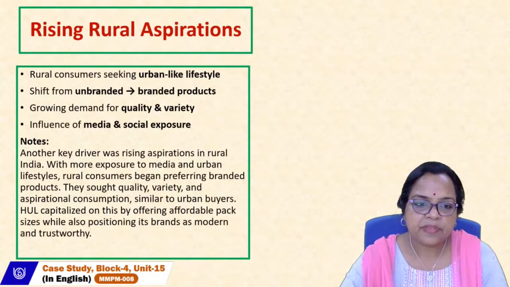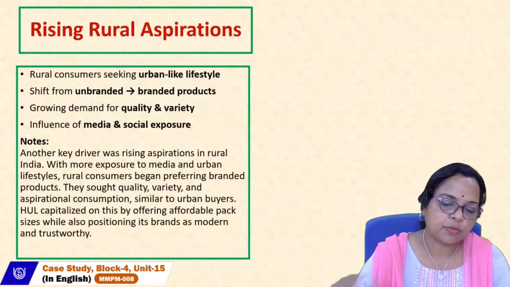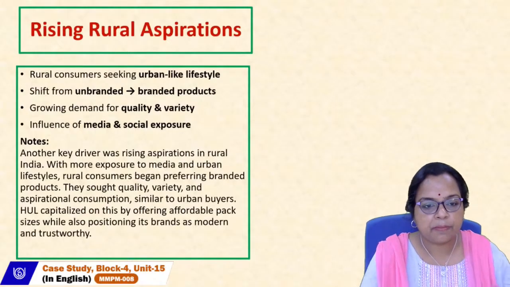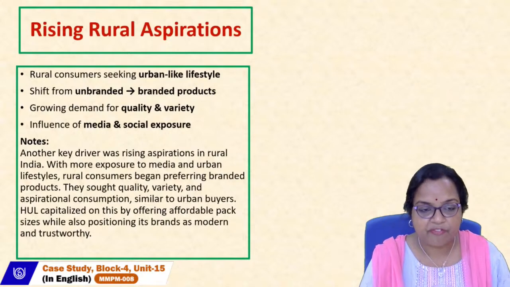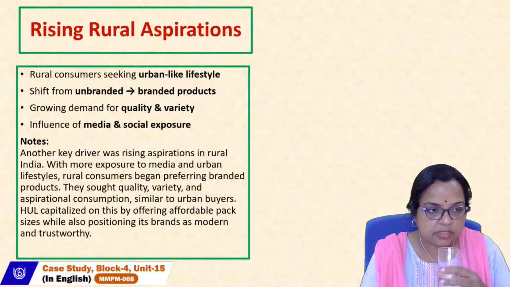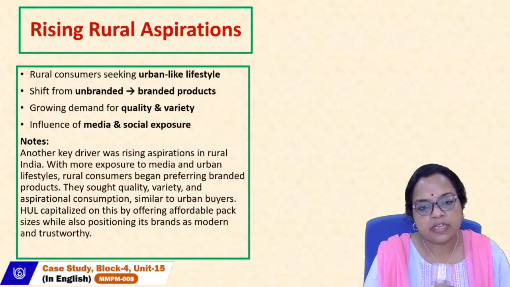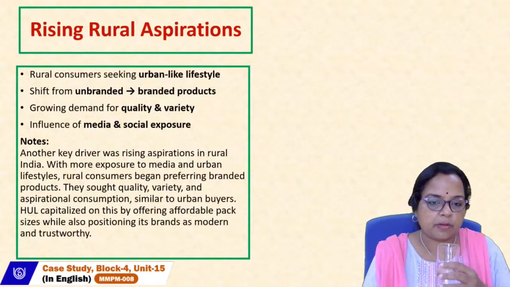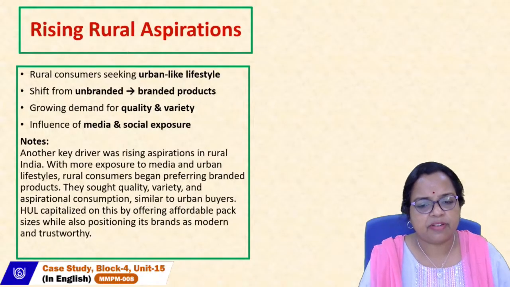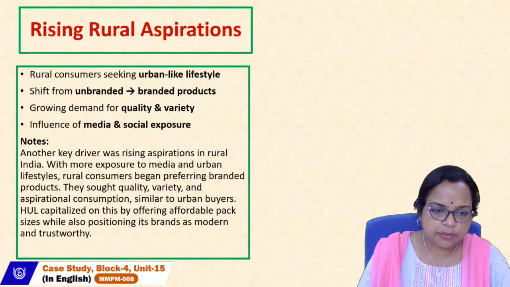Rising rural aspiration. Another key driver was rising aspiration in rural India. With more exposure to media and urban lifestyle, rural consumers began preferring branded products. They are watching urban lifestyles and getting influenced by them, and nowadays they prefer branded products like urban consumers. They are looking for quality, variety, and aspirational consumption, similar to urban buyers.